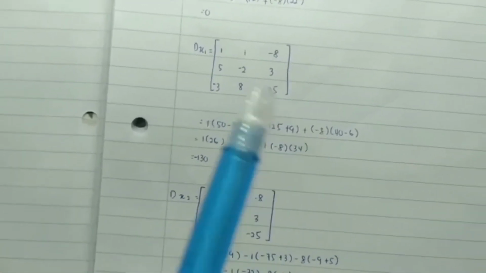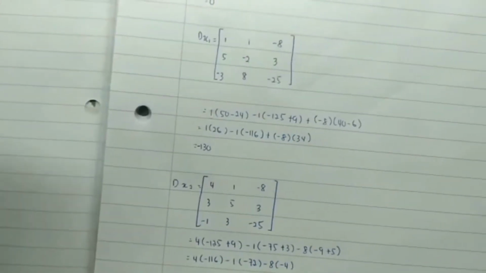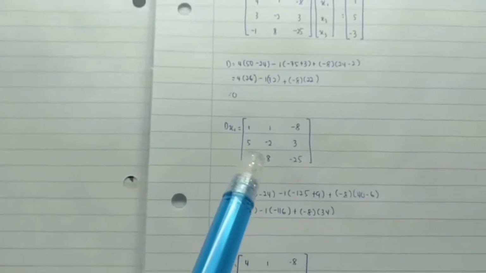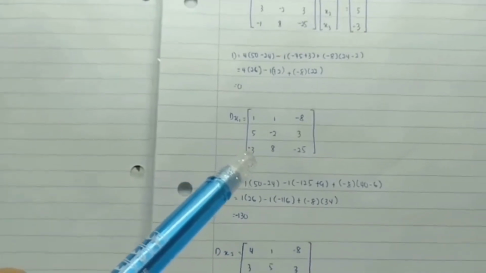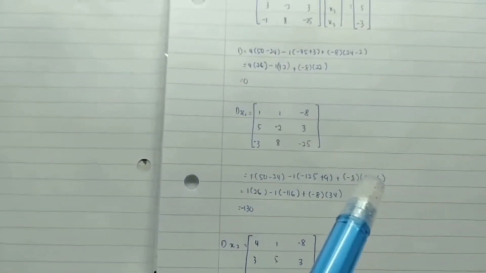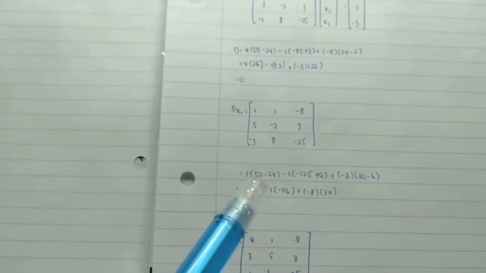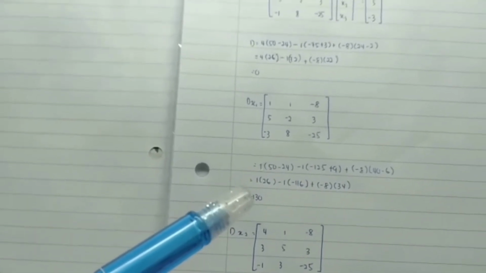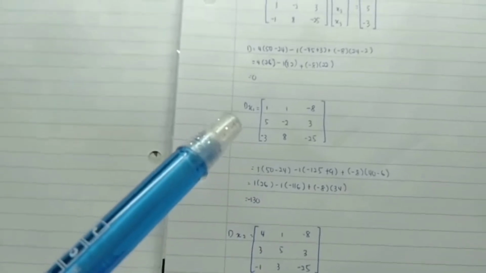Take this and then close this and this. So 5 times 8 equals 40, and -3 times -2 minus 6. So after you complete all of this, then do your calculation as usual, and you'll get -130 for dx1.